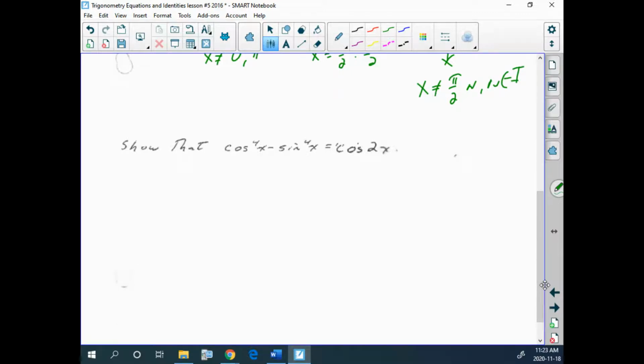So we have an identity here. We have cos to the power of 4x minus sine to the power of 4x is equal to cosine 2x. I could use Pythagorean. But what stands out at me right now is, what do you see here?